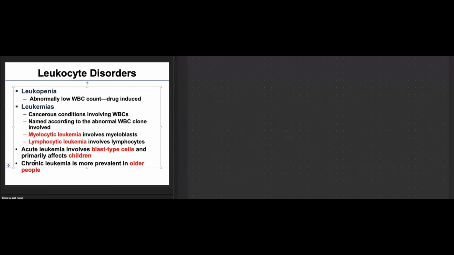Compared to that, chronic leukemias are going to be leukemic cells that are still abnormal cells, but they look closer to the mature cells. So rather than having a leukemic cell that looks like a stem cell, a blast cell, which is acute leukemia, they will look like those mature cells.